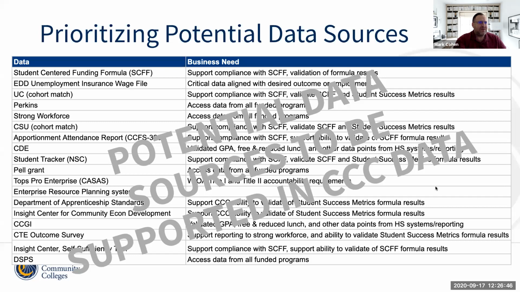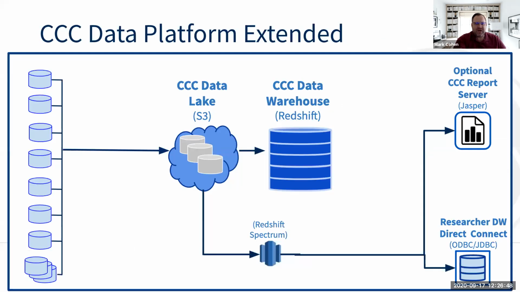Beyond bringing in additional data sources, we're also looking at over time, based on direction from the Chancellor's Office and input from the advisory group and user community, ways that we could enhance the CCC Data Platform. We're currently looking at those enhancements in the following categories. And again, this is in the conceptual stage.